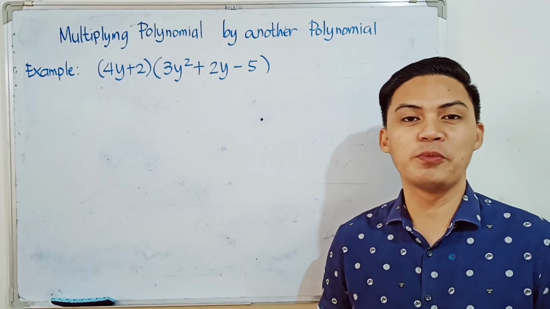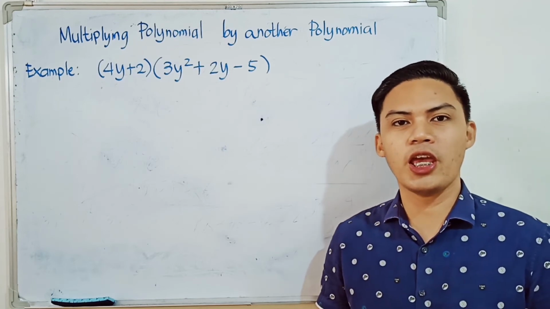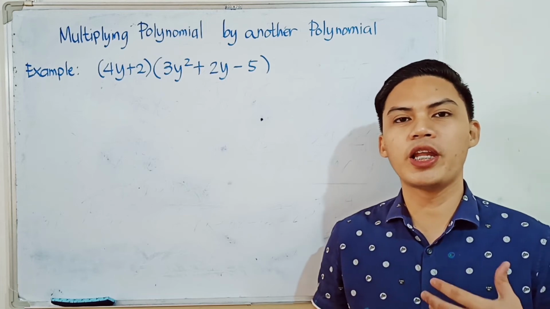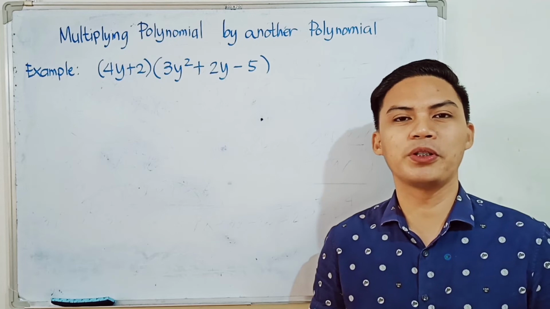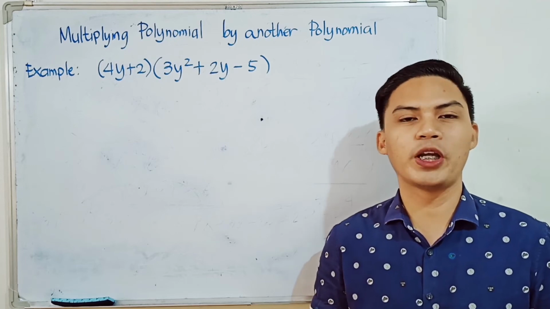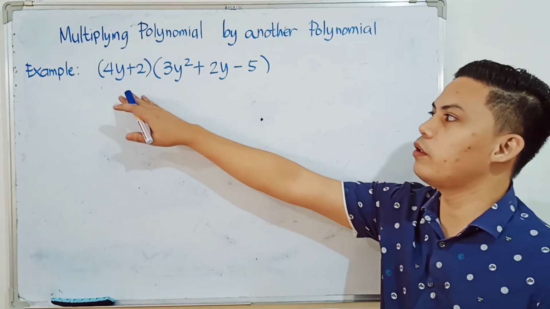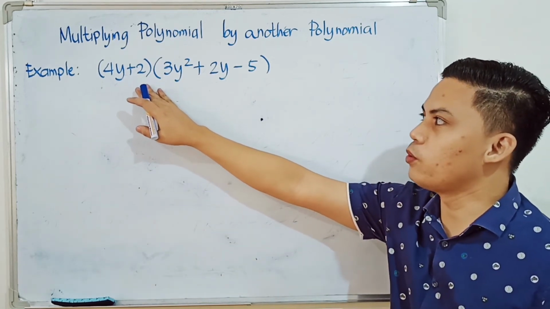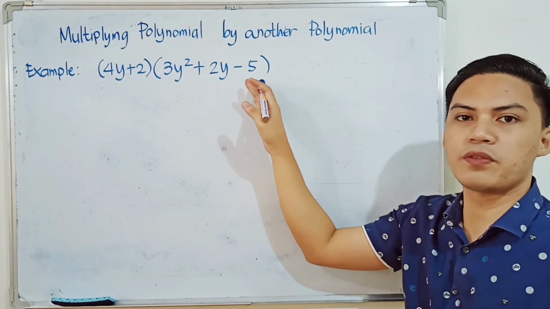And the last condition would be multiplying a polynomial by another polynomial. So in this case, gagamitin pa rin natin yung ginamit natin sa first na method, which is the distributive property of multiplication over addition or subtraction. So suppose we have the quantity of 4y plus 2 times the quantity of 3y squared plus 2y minus 5.